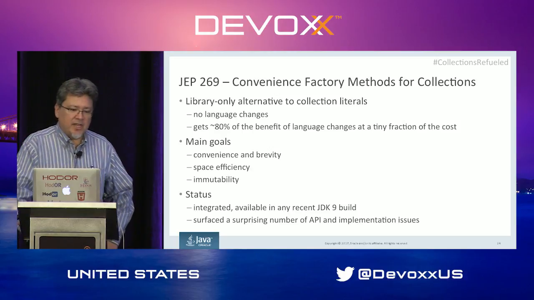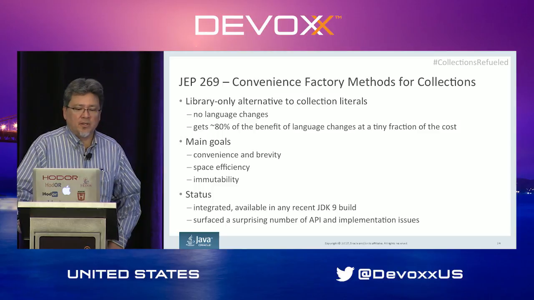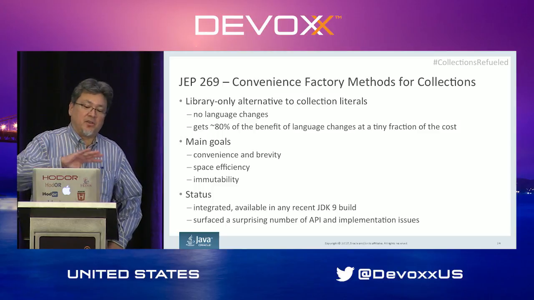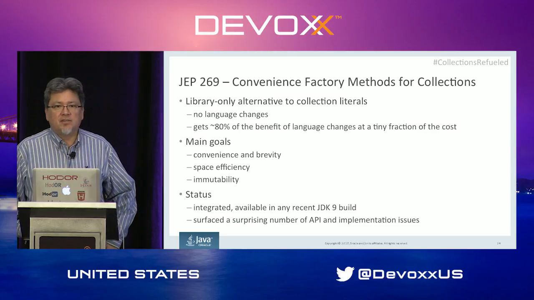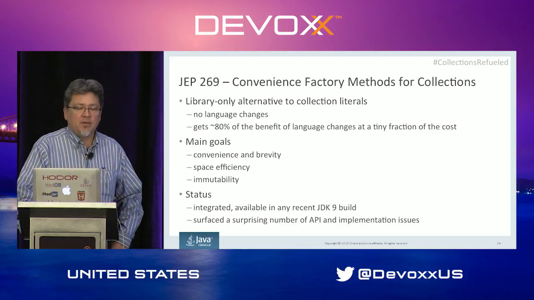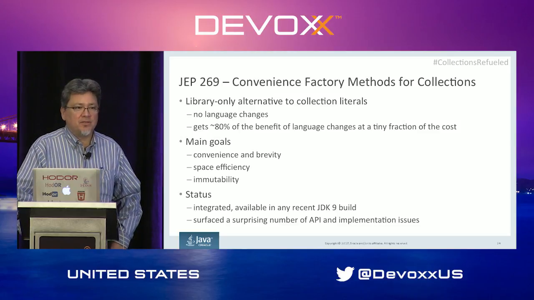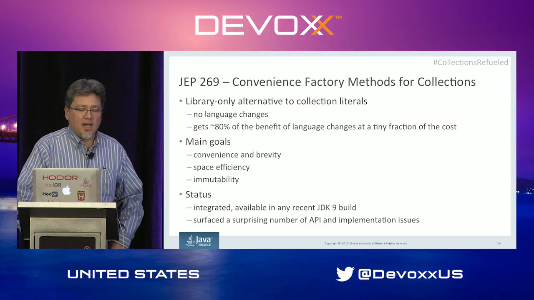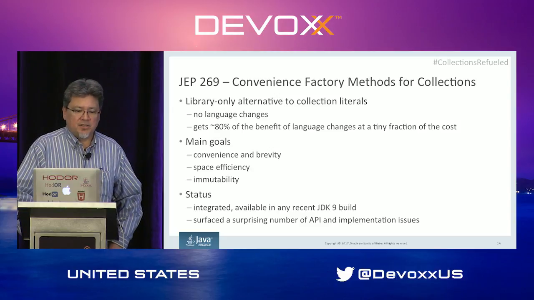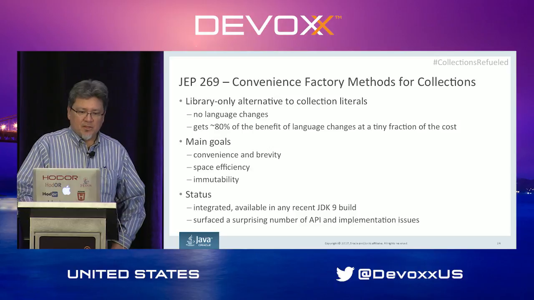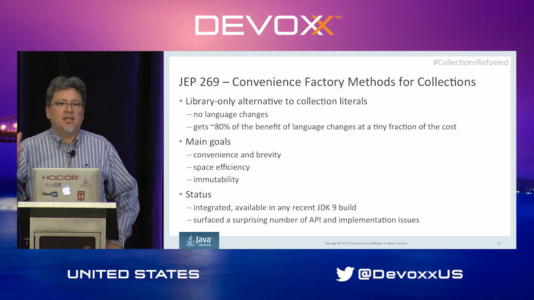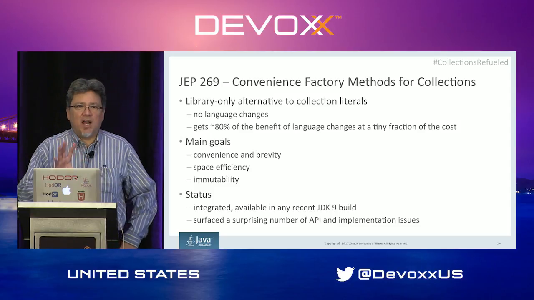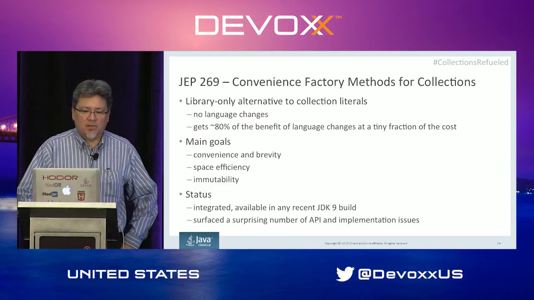All right, so the design goals. They're convenience APIs, and basically they're all static factory methods. So we are adding static methods to the interfaces to produce collections instances. The main goals of these new APIs are convenience and brevity, to be as close to collection literals as possible.